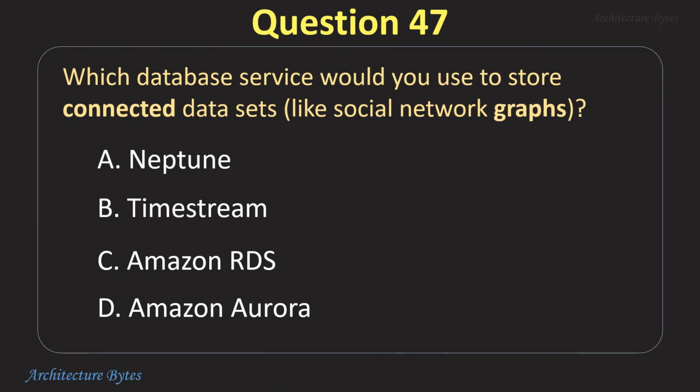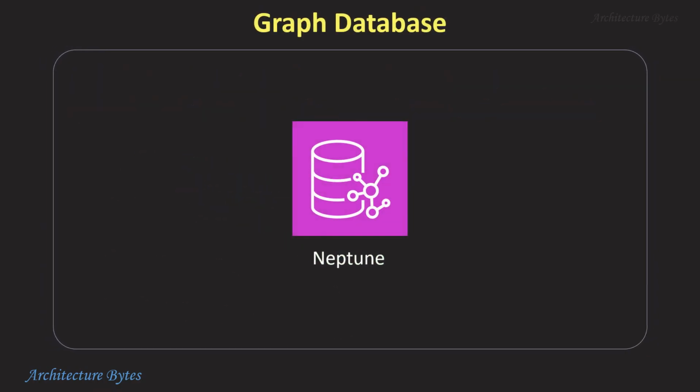Which database service would you use to store connected datasets like social network graphs? Neptune is a serverless graph database that can store billions of relationships.